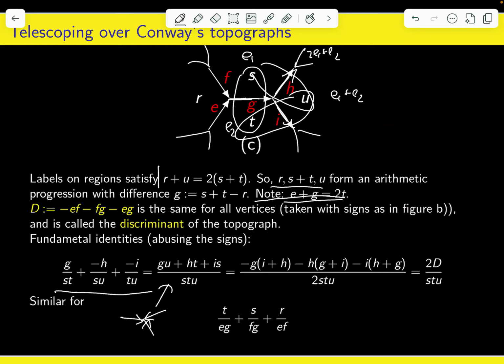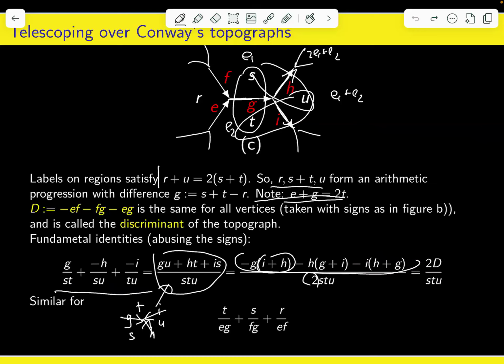So here I have S, T, U, here I have G, here I have I, here I have H. Then I remember what this U is, just (I plus H) divided by 2. And then I see that on top I have 2D. So it means that if I telescope this expression over the whole topograph, I have just 2D times the sum of 1 over STU.